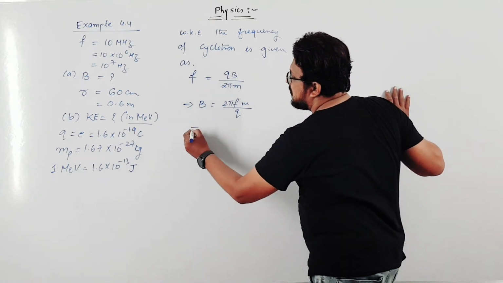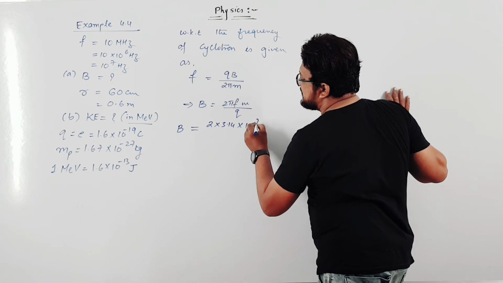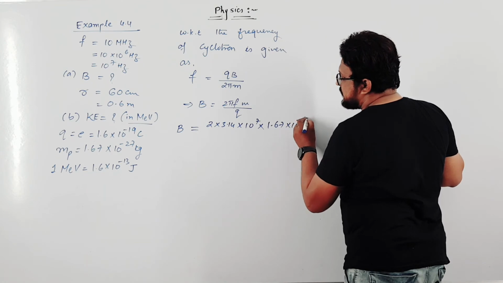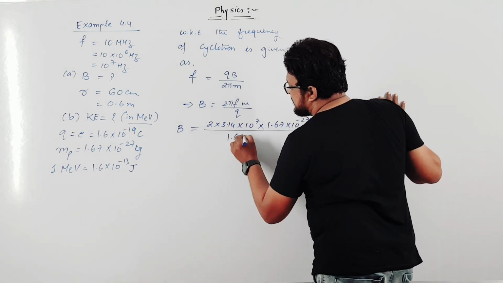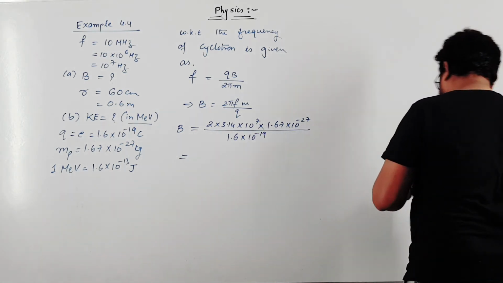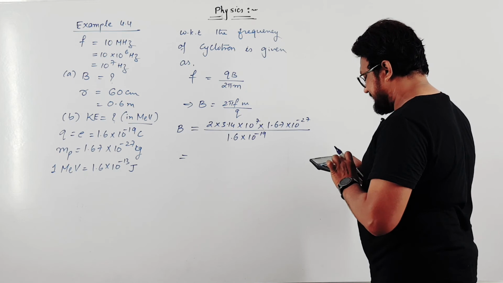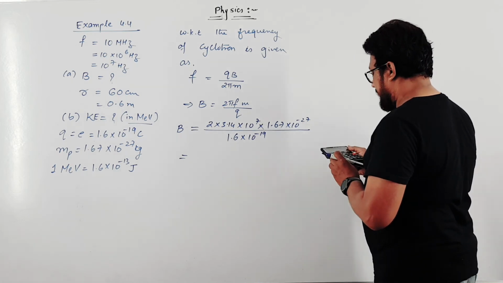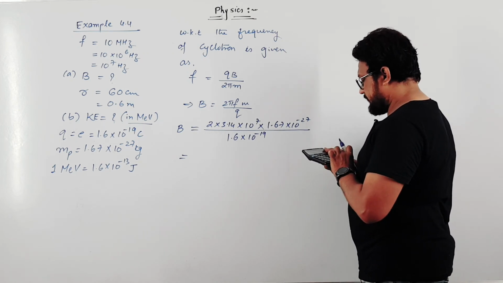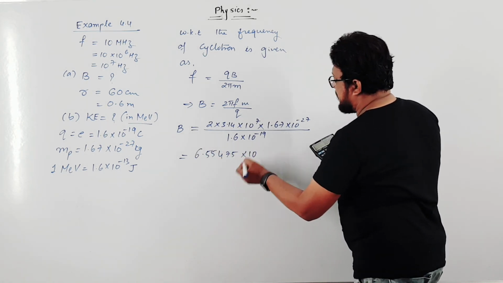So B is equal to 2 × 3.14 × frequency, which is 10^7, × mass of proton 1.67 × 10^-27 kg, divided by charge 1.6 × 10^-19. 2 × 3.14 × 1.67 gives 10.4876, divided by 1.6 gives 6.55475 × 10 to the power.